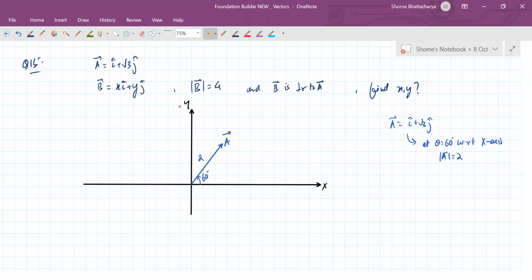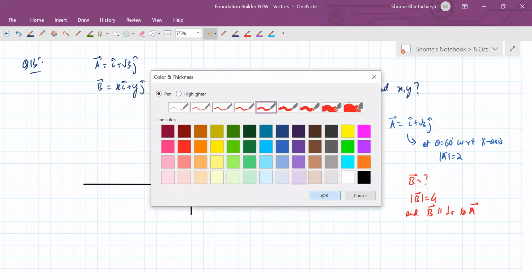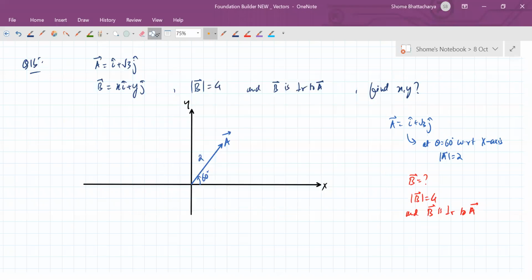Now see what is told about the vector B. B is a vector such that magnitude of B is 4 and B is perpendicular to A. So one possibility of B is that it could be a vector which is like this. This is one possibility.